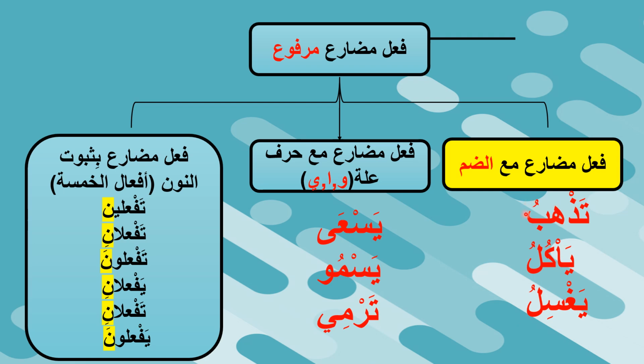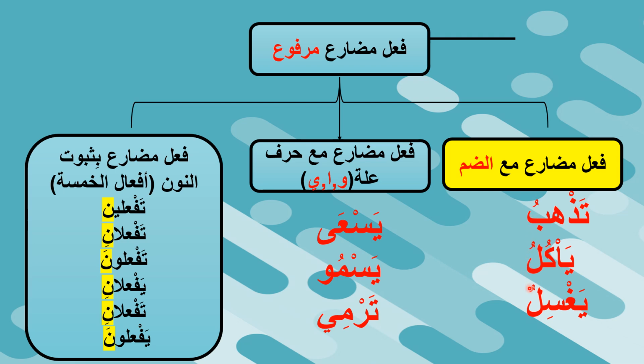In these examples you can see Ba, Lam and Lam. All these are Sahih letters, not weak letters, so they will carry a clear dhamma at the end. So when you see the Fel Mudaare, for example, Tadhabu, Yakulu, Yaksilu, they all carry a physical dhamma that you can see with your own eyes.